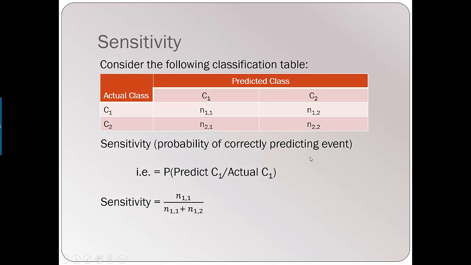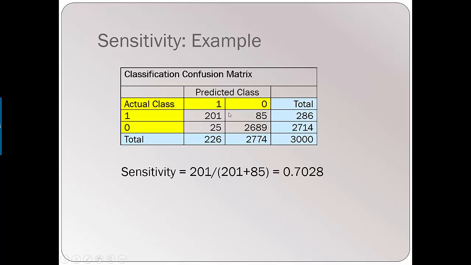Now let's look at a numerical example with the same classification matrix. Here the actual 1 is this. Remember, this is the event; sensitivity relates to the event, class equal to 1. So 201 divided by 286 gives you the sensitivity.